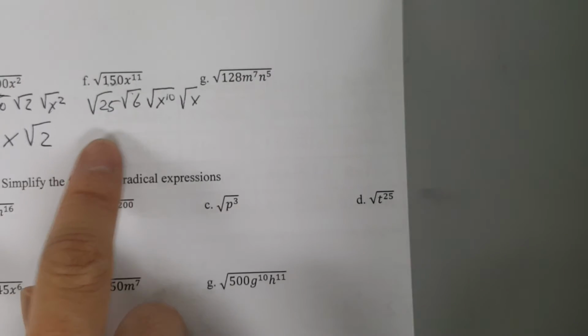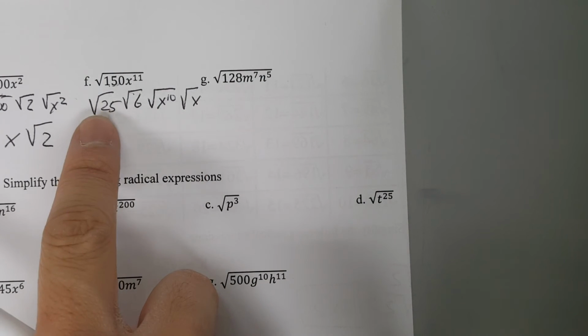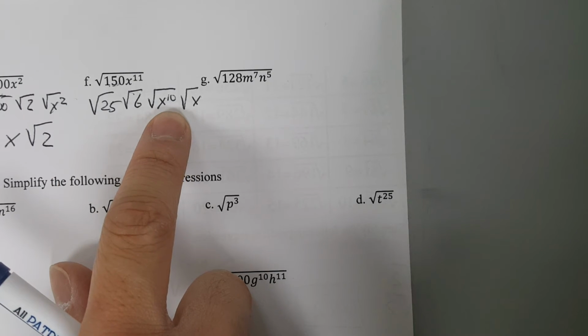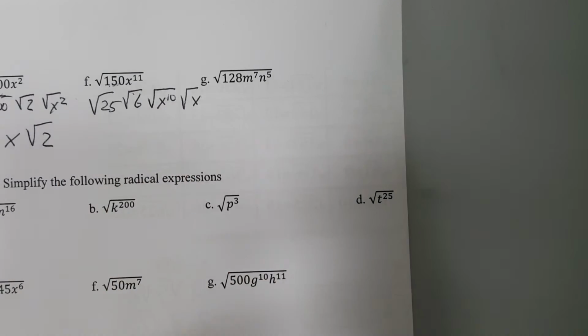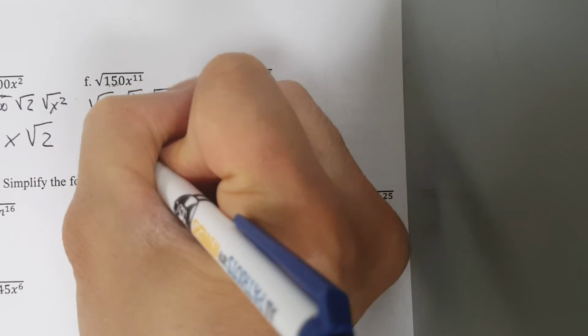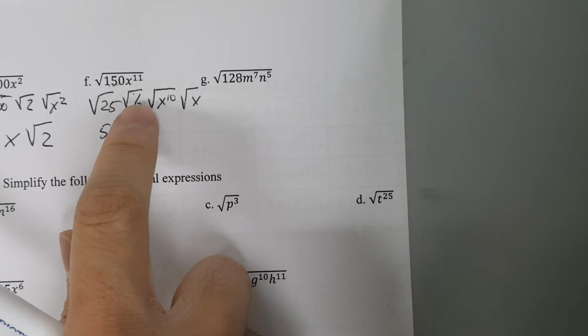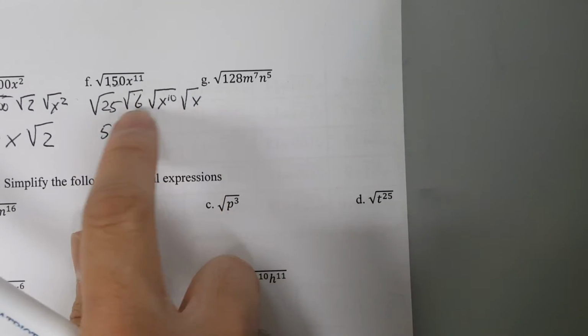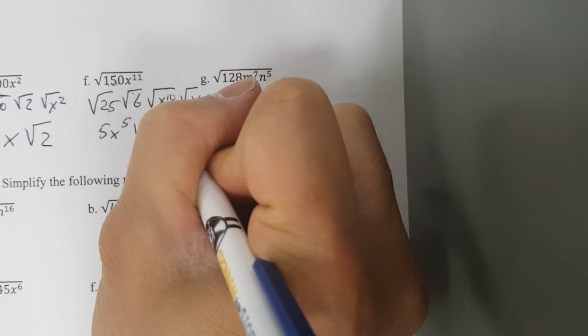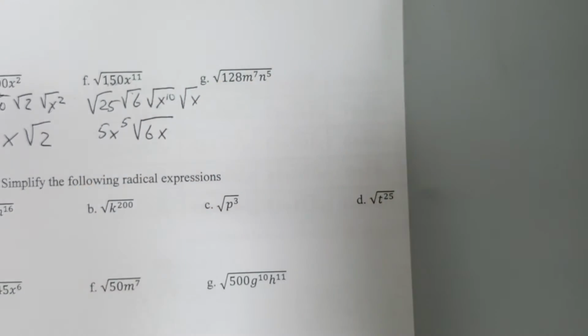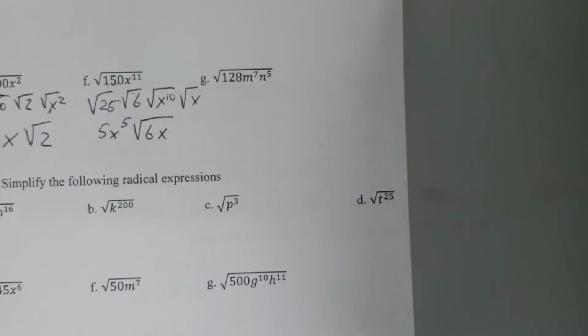Okay? Now, which ones here can we simplify? Radical 25 is 5, and radical x to the 10th is x to the 5th. So this is 5 x to the 5th, and whatever cannot be simplified goes under the radical. So it's 5x to the 5th, radical 6x.